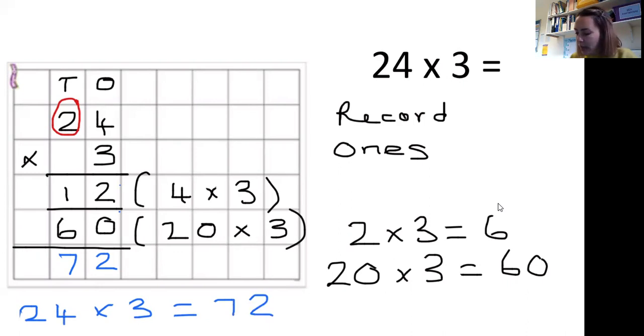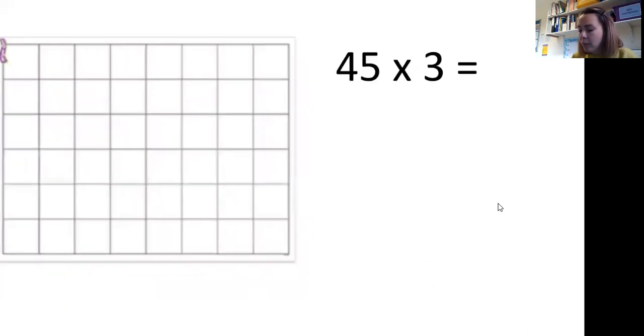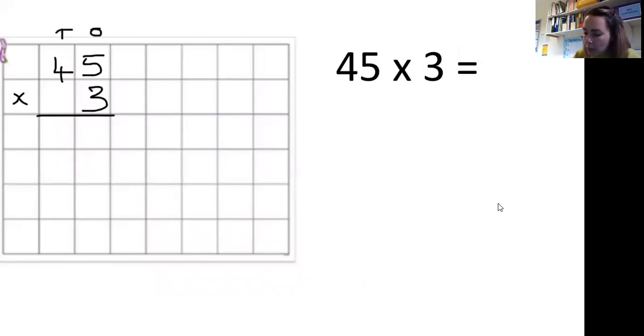Let's have another look at an example together. So 45 times 3. First of all, we're going to record that. So we've got 45 and I'm timesing it by 3, I'm making sure that my 1s are in the right column and my 10s are in the right column. So my very first job is to look at the 1s. So the first multiplication is 5 times 3.